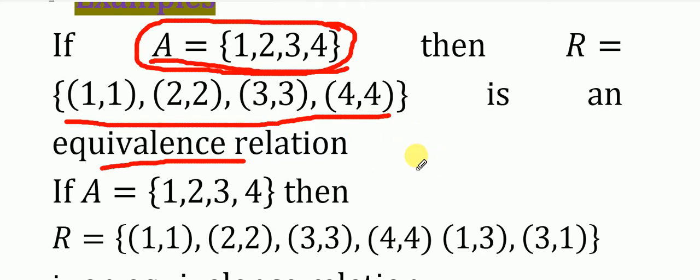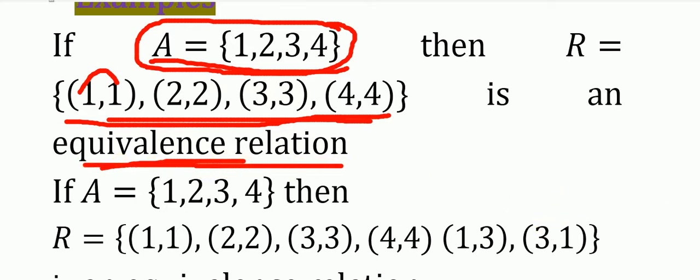It is symmetric because for all (a, b) belonging to R, (b, a) belongs to R. And if A is related to B and B is related to C, then A must be related to C. So here 1 is related to 1, but 1 is not related to any other element. In that sense, it is clearly an equivalence relation.